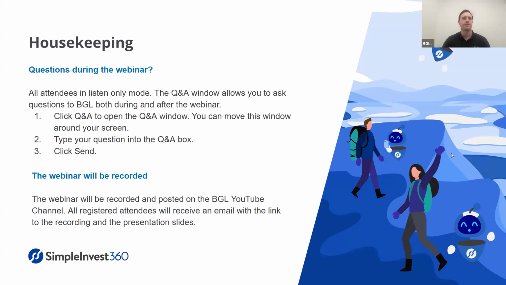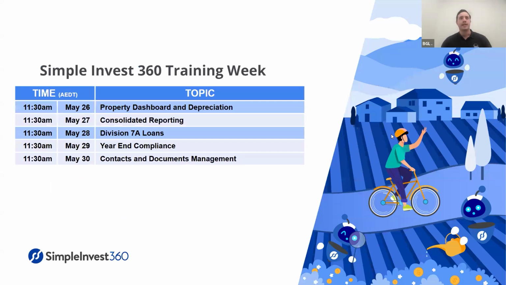All right, let's have a look at the training week. Today, of course, is the property dashboard and depreciation. However, we do have a few other training topics as well: consolidated reporting, Division 7A loans, year-end compliance, and contact management.